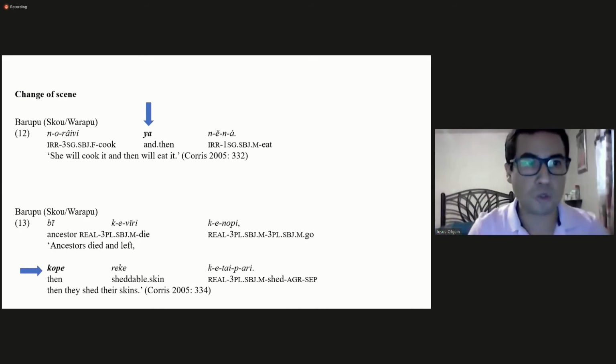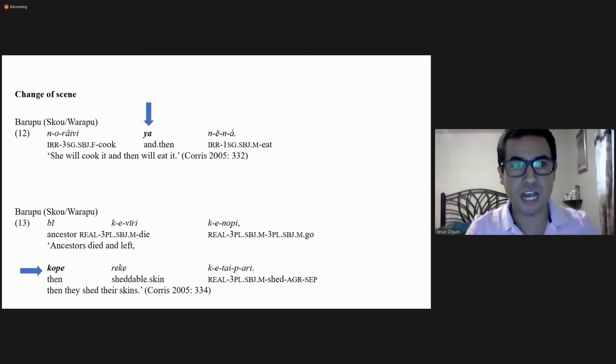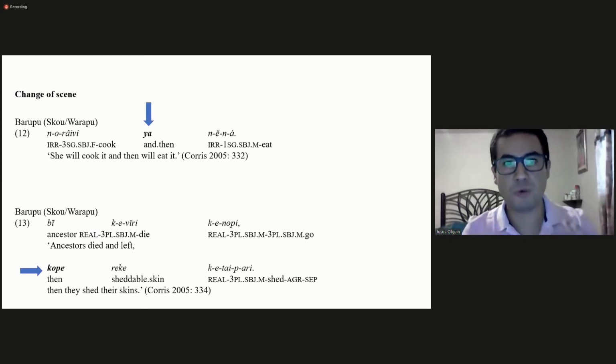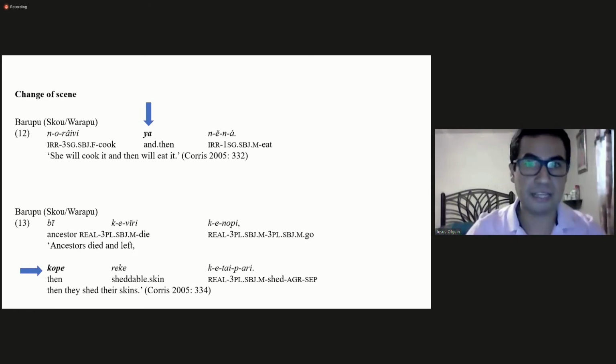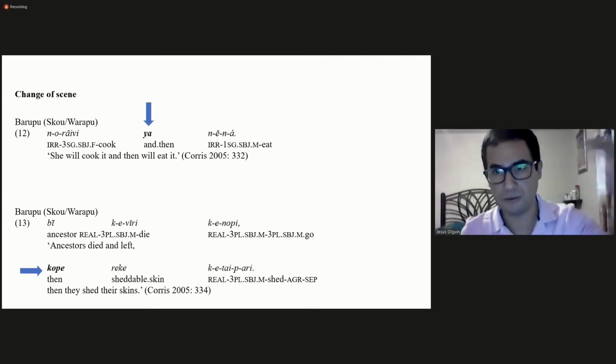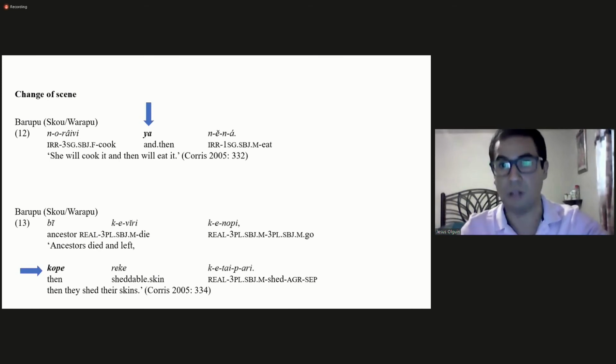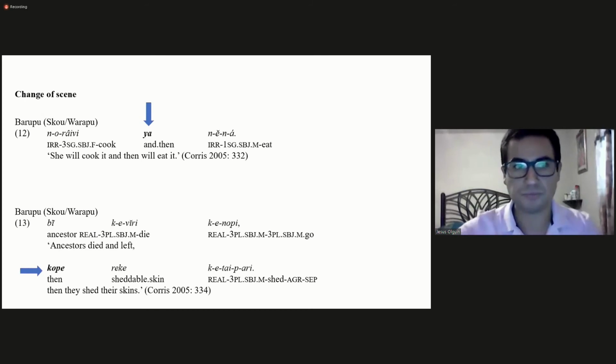For instance, in 12, you observe ja, it's used when the action of the first clause is carried out in the very same scene. On the other hand, in 13, we observe that kope is used when the situation occurring in the first clause changes scene. The situation of the second clause is carried out on a different scene. And obviously, this may be another factor that may influence speakers' choices of these devices.